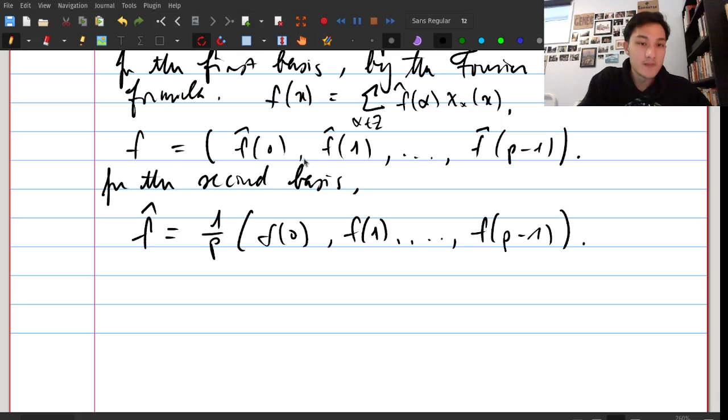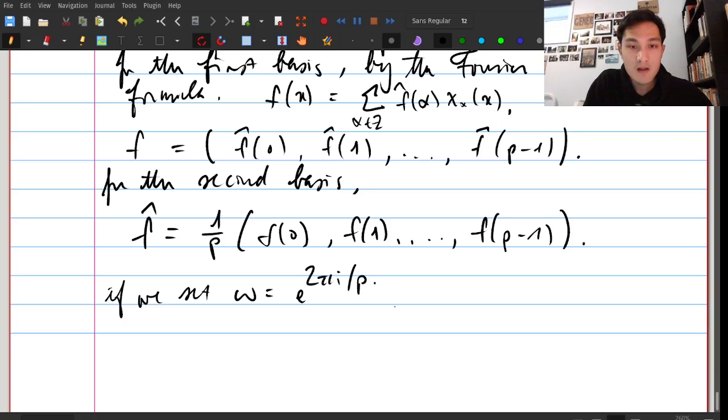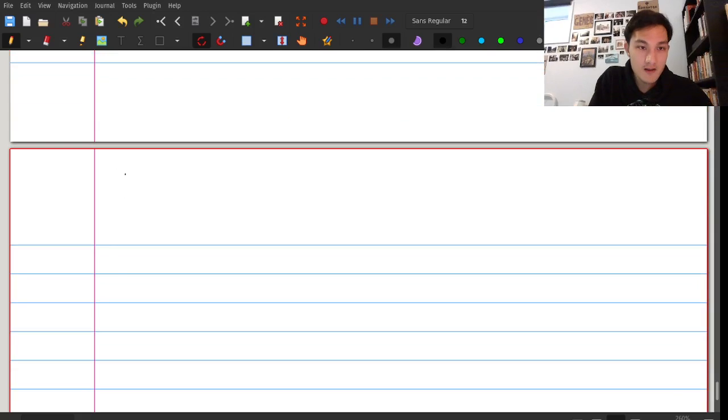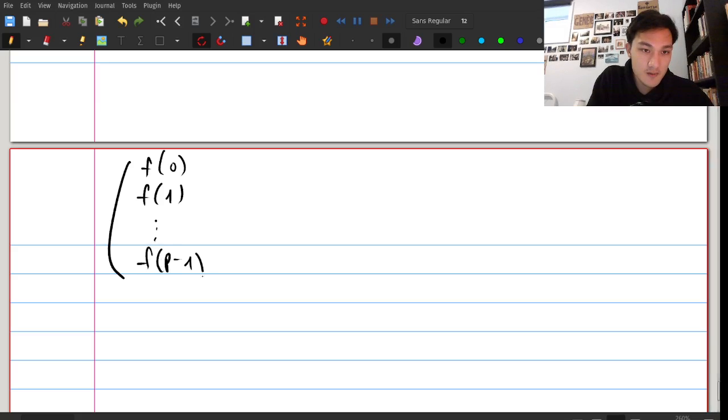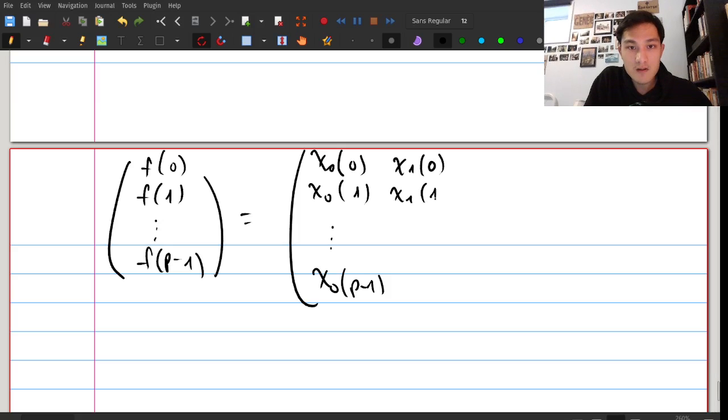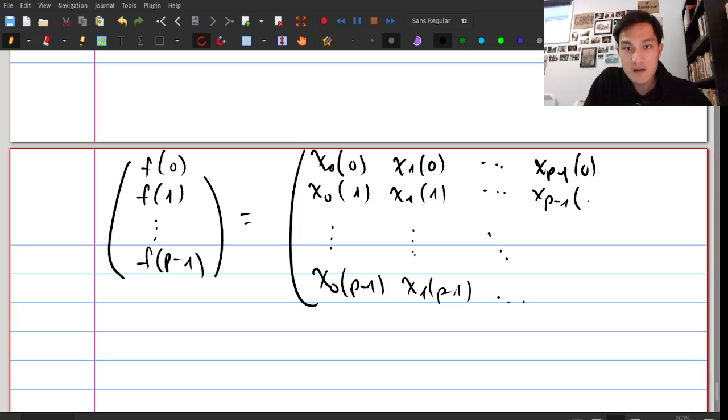Okay, so now if we set omega equals e to the 2 pi i over p, then we see by the Fourier inversion formula once again, if we write it out, that the vector f0, f1, all the way down to f p minus 1 is equal to this matrix: chi 0 of 0, chi 0 of 1, all the way down to chi 0 of p minus 1, chi 1 of 0, chi 1 of 1, all the way down to chi 1 of p minus 1, and so on, chi p minus 1 of 0, chi p minus 1 of 1, all the way down to chi p minus 1 of p minus 1.